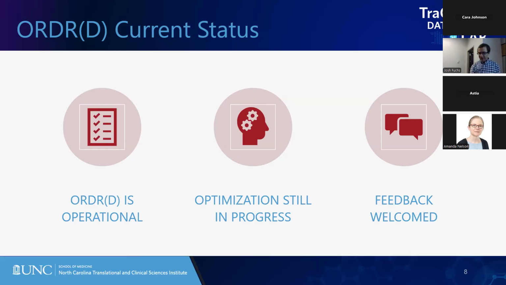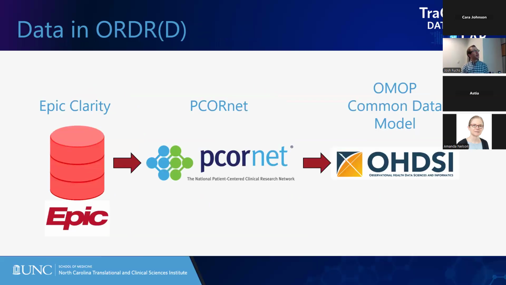Okay, so let's get into some of the details about the data here and what's actually included in Ordered. In terms of where the data comes from, it's all UNC EHR data. It's sourced from Epic. The Epic Clarity tables are transformed to the PCORNet model, which are then transformed into the OMOP Common Data Model.